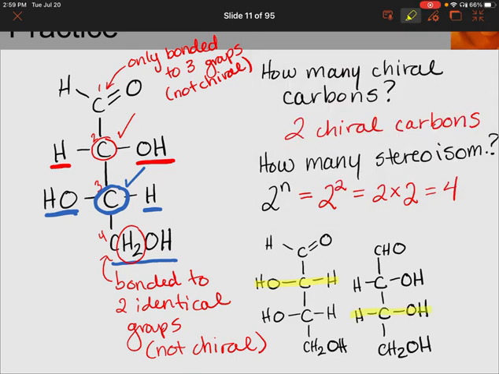And the last version, both carbons would flip their H and OH groups, and that would be our last stereoisomer. So even though these molecules look very similar, the 3D arrangement of those H and OH groups is really important, and we'll talk about why in a bit.